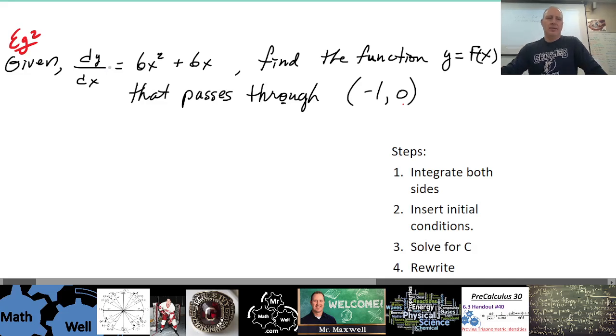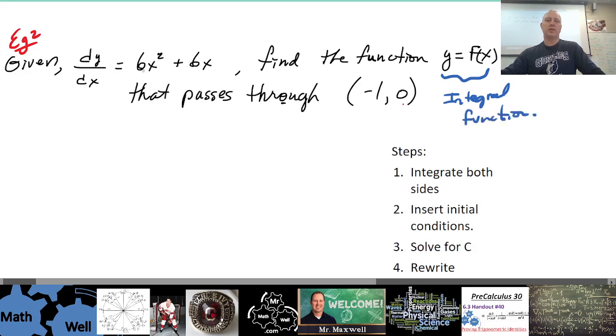So, again, the differential equation that we're given is dy over dx equals 6x squared plus 6x. Okay? Awesome. Find the function y equals capital F of x. Okay, so I know I have y here, but this is the antiderivative, right? So this is the integral, or the integral function.